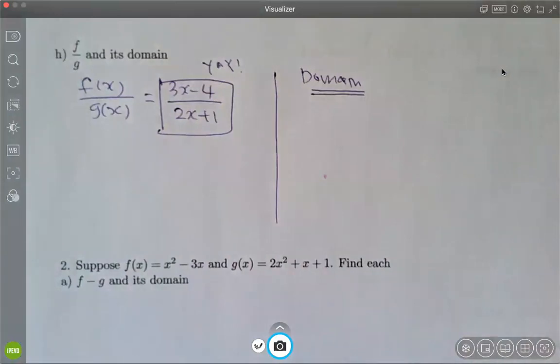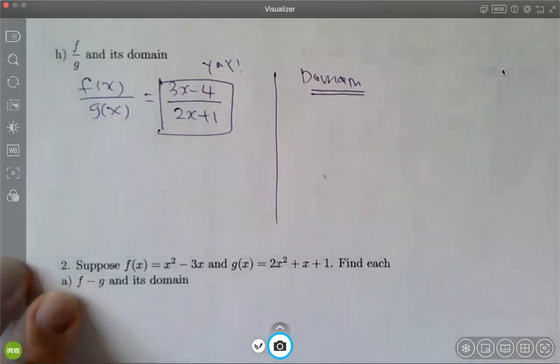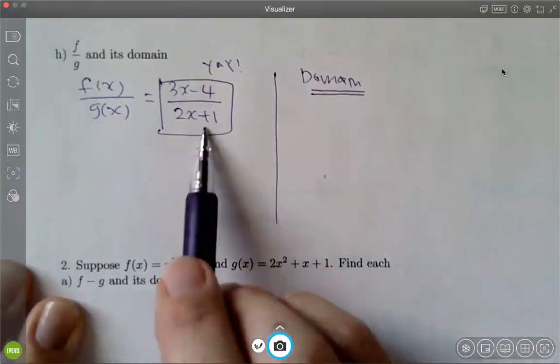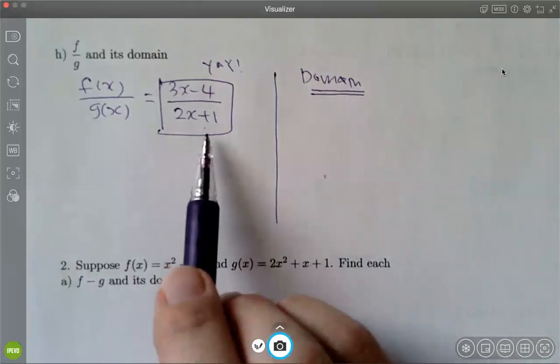No, okay. Why not? Because do we have one of the two special cases that we have to be careful with? Yes. What do we have? Rational, right? Okay. So the domain is not everything. So now, do you remember how to find the domain of the rational functions?